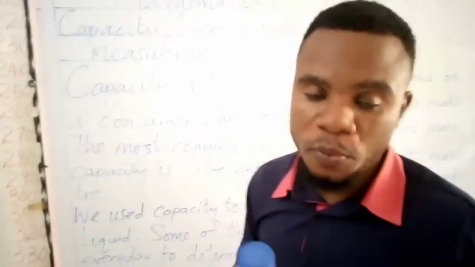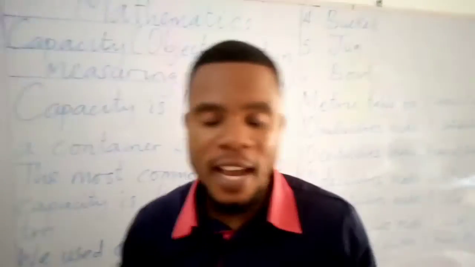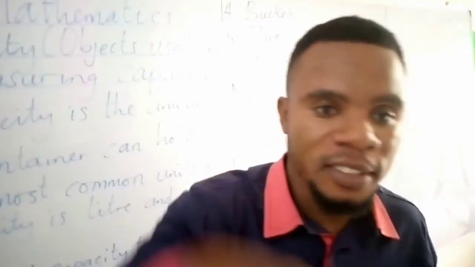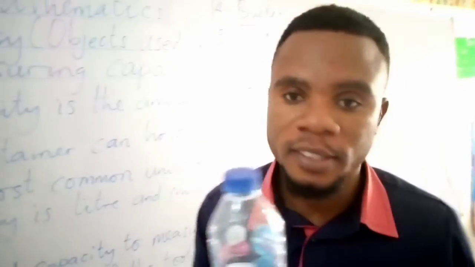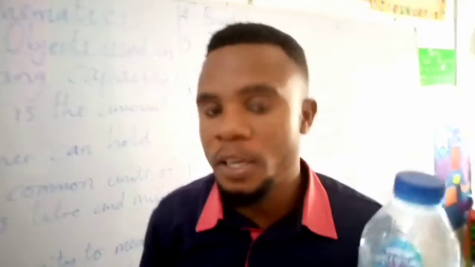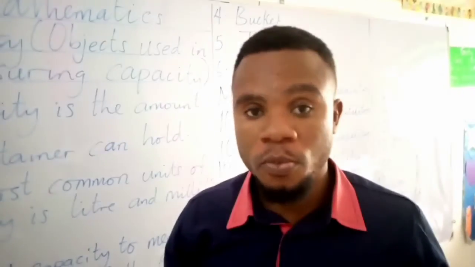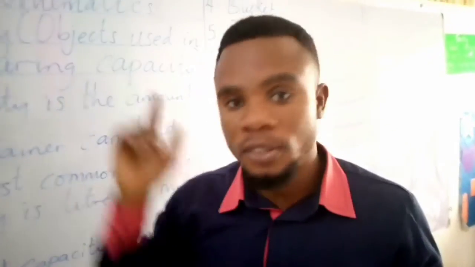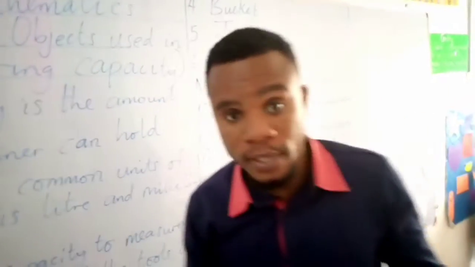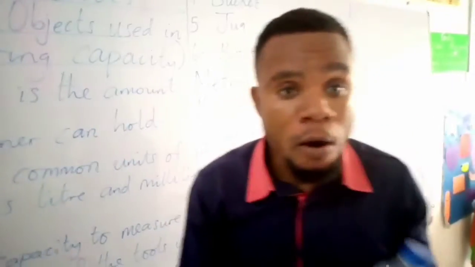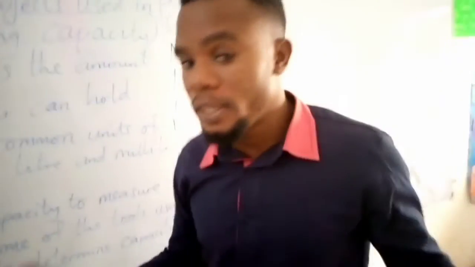Water is under liquid, milk is under liquid, kerosene is under liquid. Anything that can flow is called liquid. Your water flows, your honey, your milk, your kerosene, your palm oil or your groundnut oil. So these are all liquid.